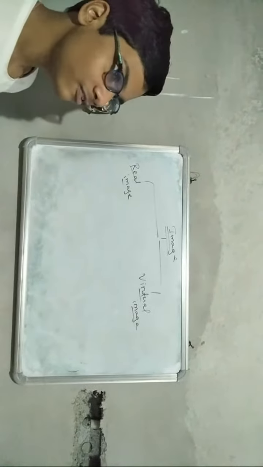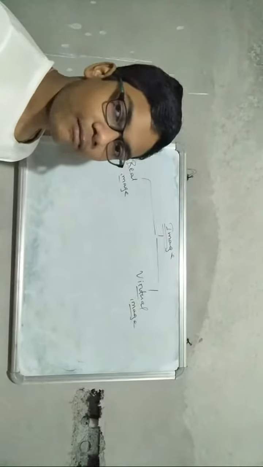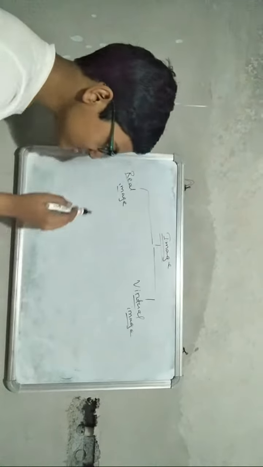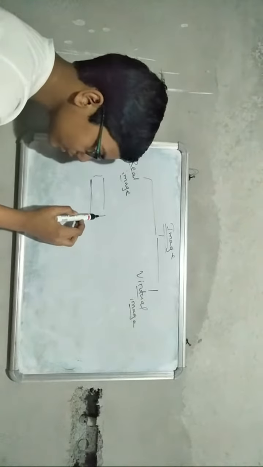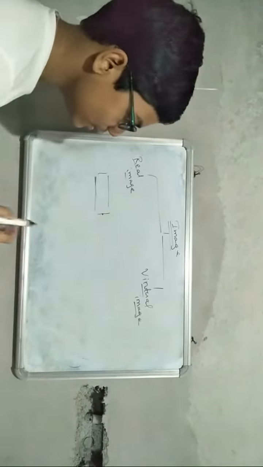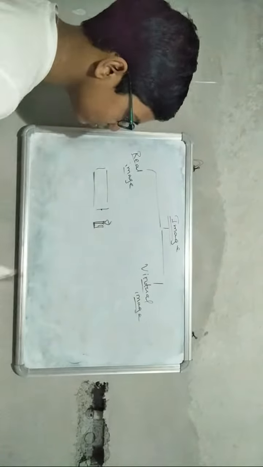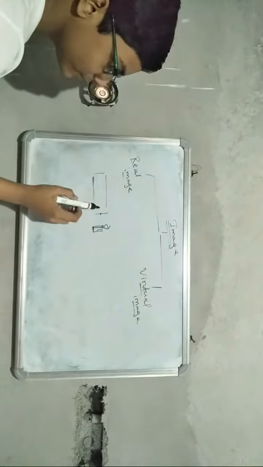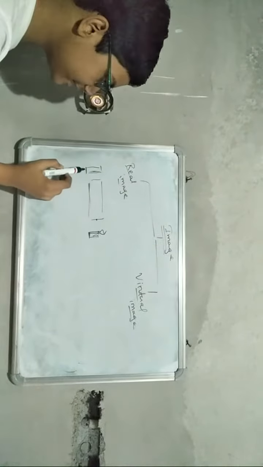If you know the term pinhole camera, there is a box and a pinhole present in it, and a candle is flamed in front of this pinhole. The light passes through and forms an inverted candle.